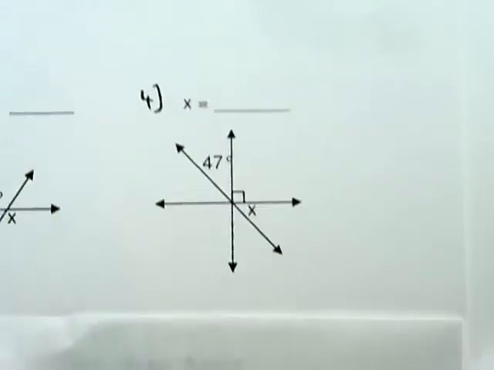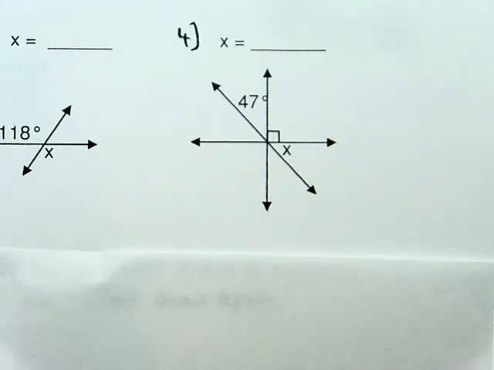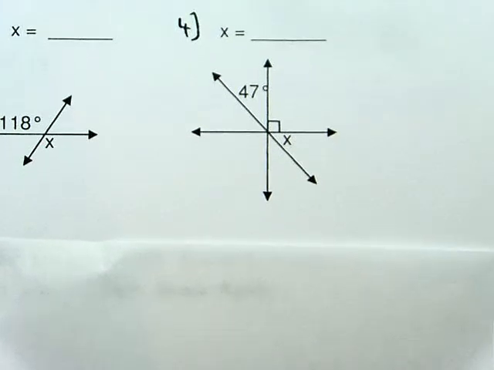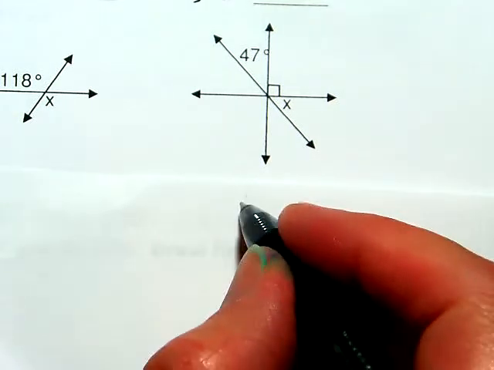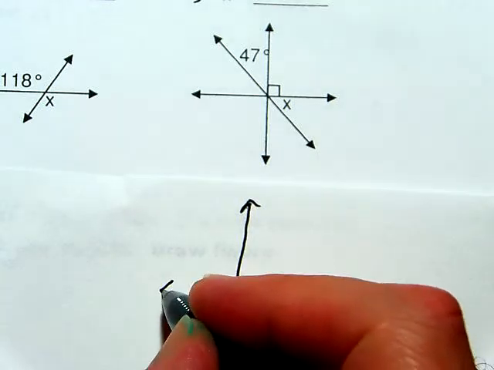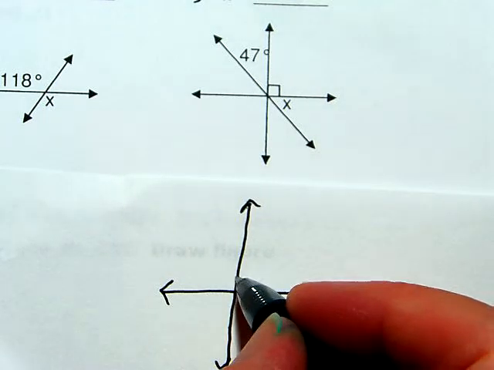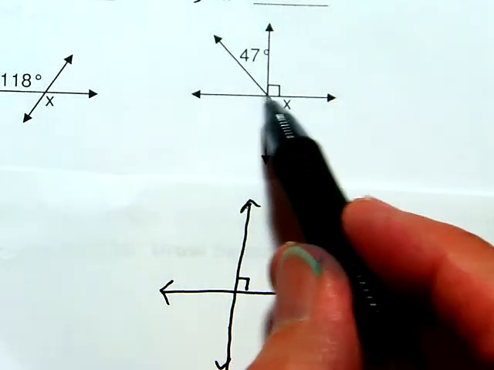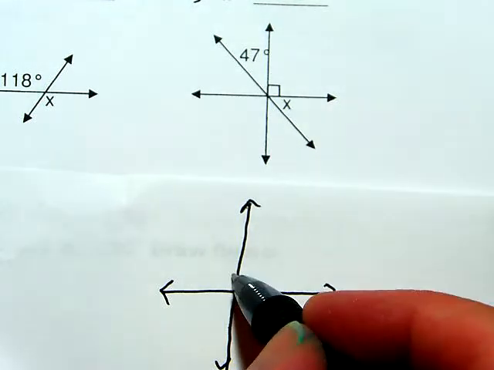Which then takes us to the 4th question, which is the last question in this initial video. So we're given a slightly different diagram, and it looks sort of more complicated. And it looks more complicated because we've got 3 lines intersecting instead of 2. So let's go ahead and copy this underneath. Now notice those 2 lines are perpendicular, right? The horizontal and vertical lines have a right angle, which means all of these angles are right angles.